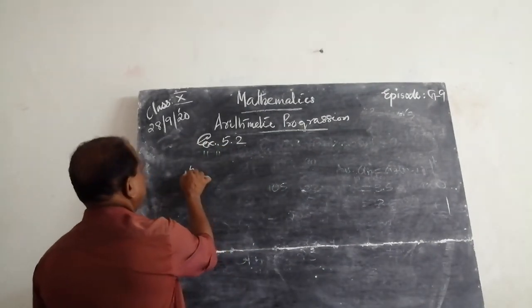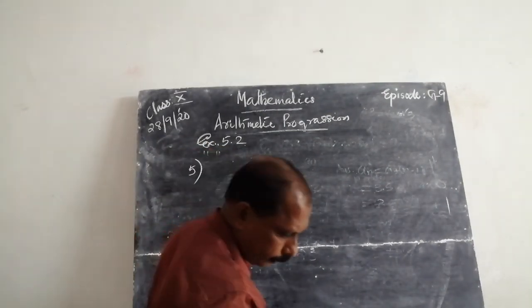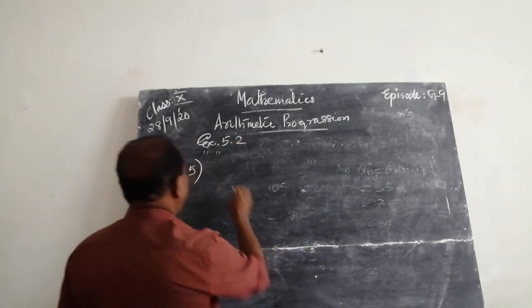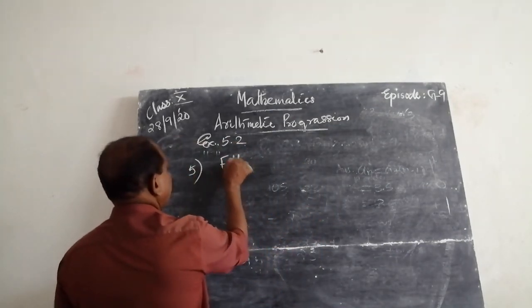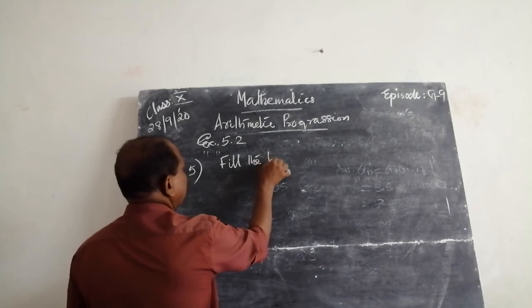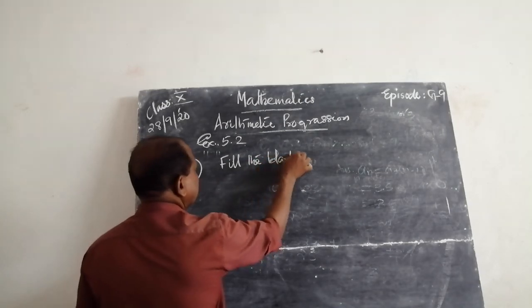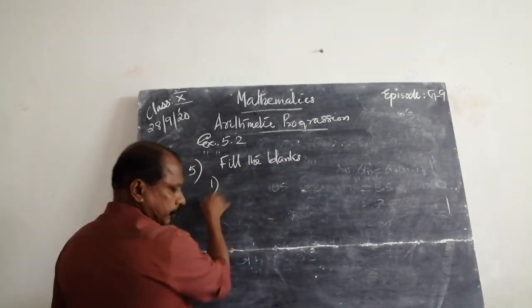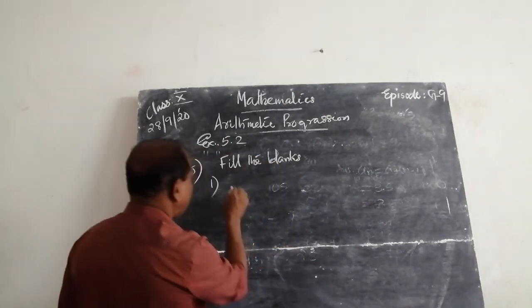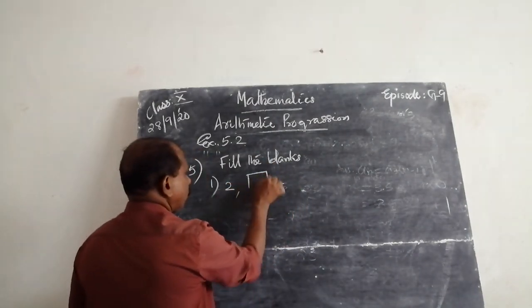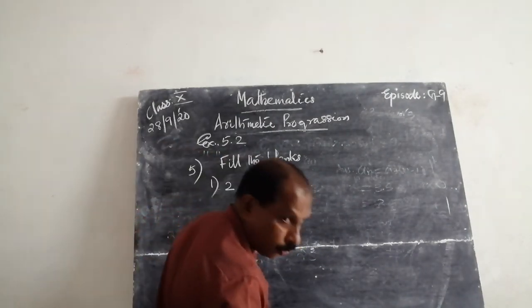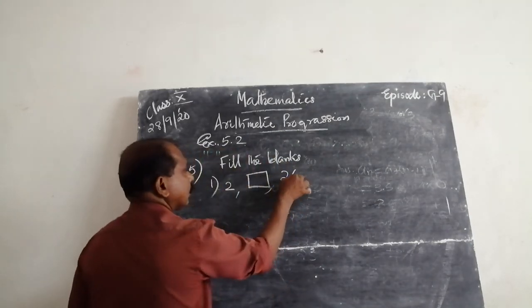Then, question number 5. That is fill the blanks. First question: 2, dash, 26.